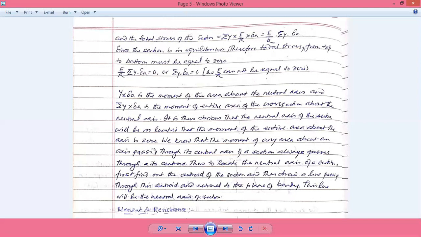What is the CG? We have to find out, and we know that the axis about which the moment of area is zero always passes through the centroid.